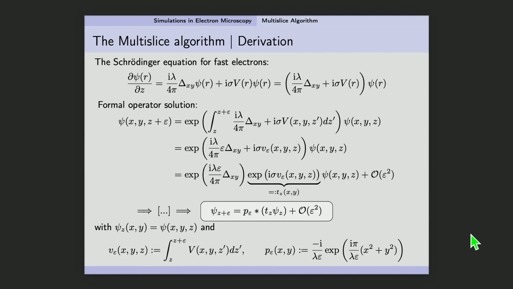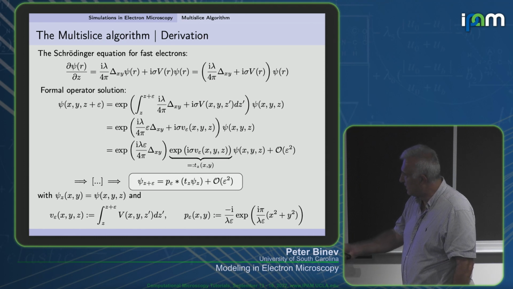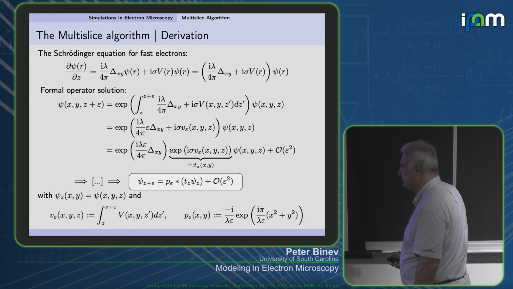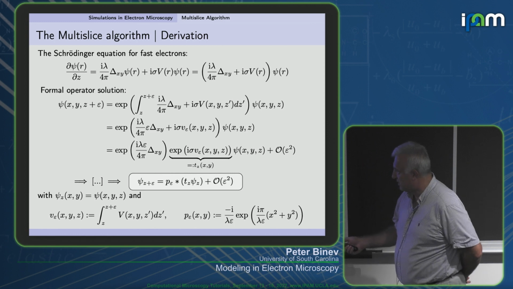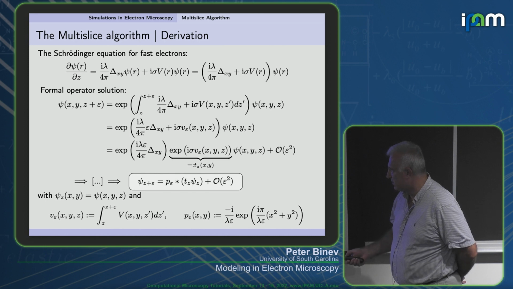And then we have that the next approximation on the z plus epsilon level can be calculated as the convolution of this kernel with the transmission function multiplied by the current value of the wave, and then seeing what is happening.